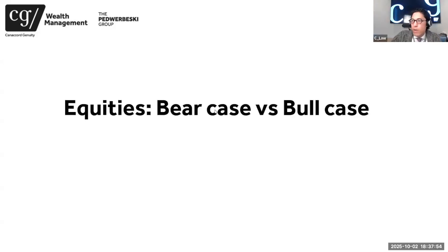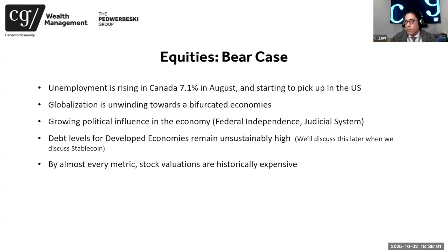Moving on to our next section, we wanted to discuss both the bear and bull cases for equities. As discussed at the beginning of this webinar, the Canadian economy is feeling challenged right now, especially with unemployment rising to about 7.1%, and that stat was in August. In the US, we're also starting to see unemployment slowly tick up.